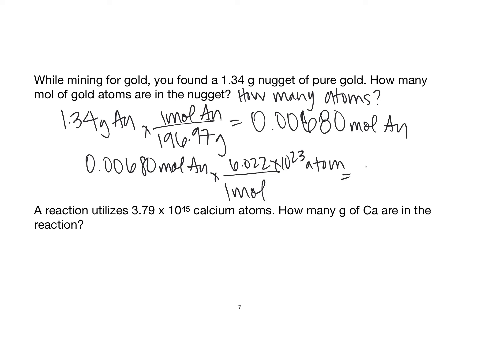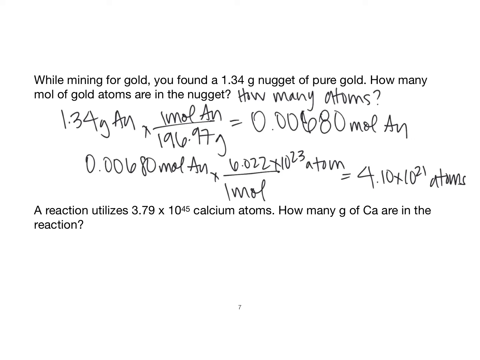And so there are 4.10 times 10 to the 21 atoms of gold in the 1.34 gram nugget. So we should be able to convert from grams to moles and moles to atoms. We can also convert from atoms back to grams.